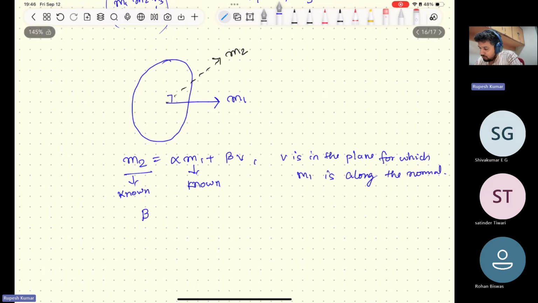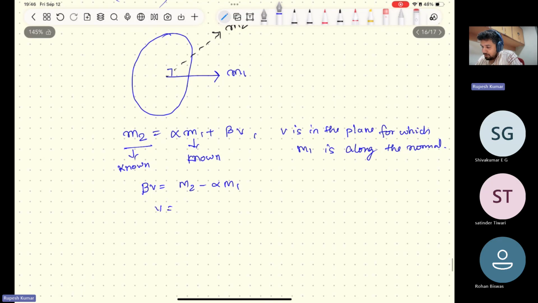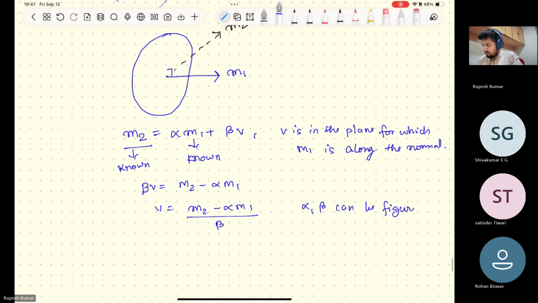So you can always figure out beta V. Beta V will be M2 minus alpha M1, and then V will be M2 minus alpha M1 divided by beta, where alpha and beta can be figured out using the techniques that we have seen. Everyone, do you agree with this?